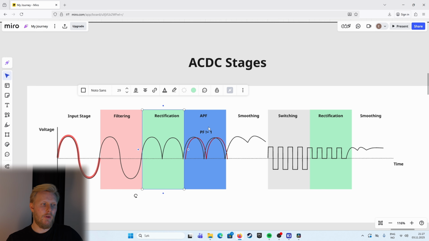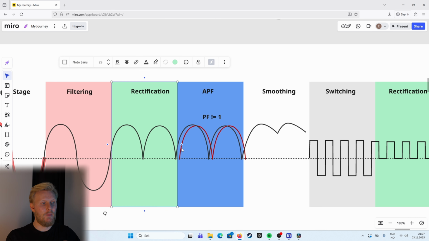The active power factor correction is something I won't go into detail right now, but I've illustrated a little bit what the purpose of active power factor correction is, to make sure that both the voltage and the current of the signal are in phase, meaning that you don't lose or waste any power.